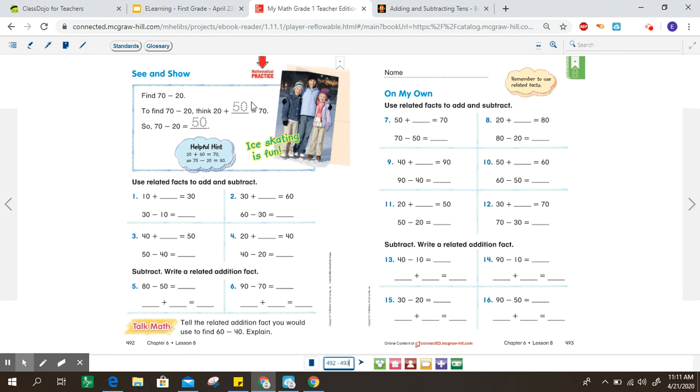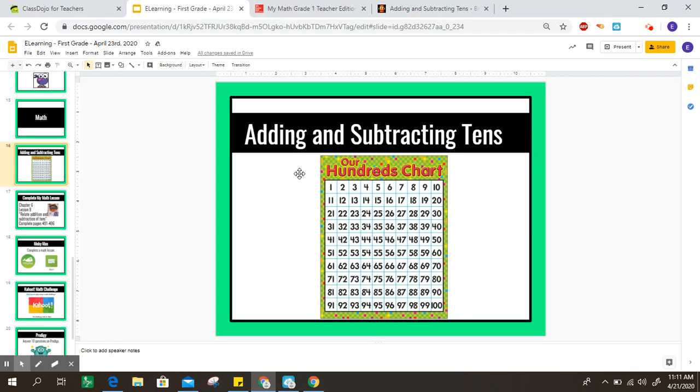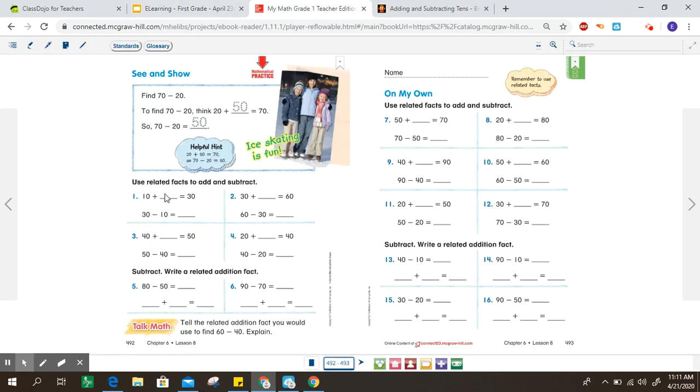Now, if you need help on this, you know you can go to your manipulatives website, or on your e-learning today, there is, here we go, a hundreds chart. So I suggest that we look at this hundreds chart. If I was going to do number 1, 10 plus something equals 30.